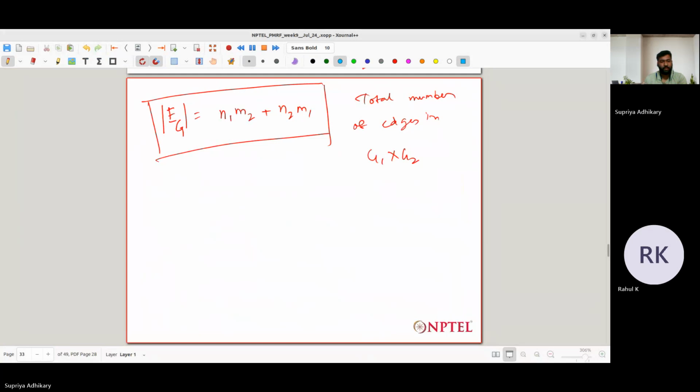If we consider a vertex in G, where G is equal to G1 cross G2, and we consider UV as one of the vertices, then how many ways can we consider edges from this vertex UV?